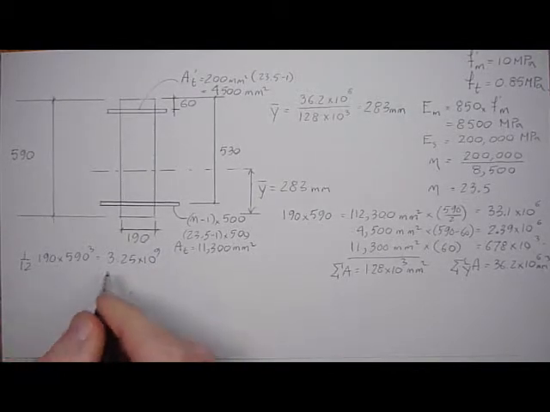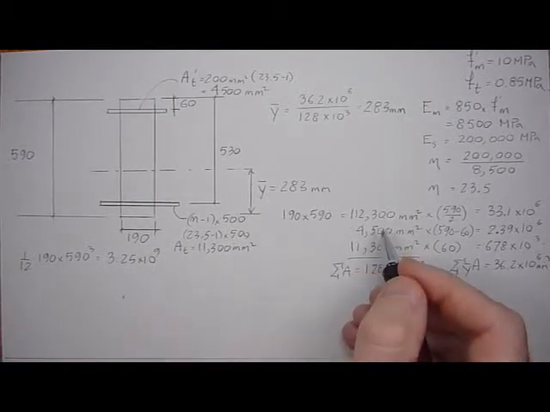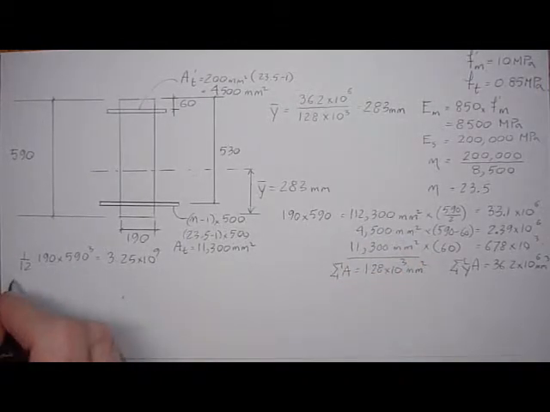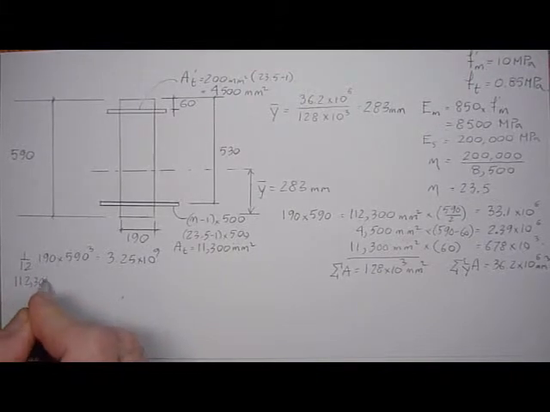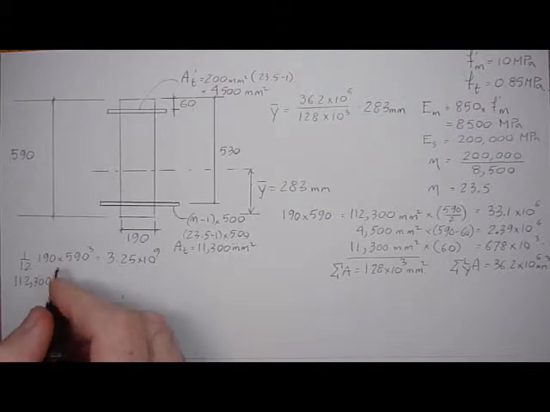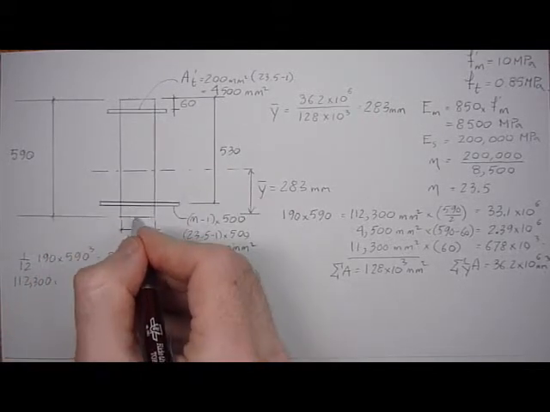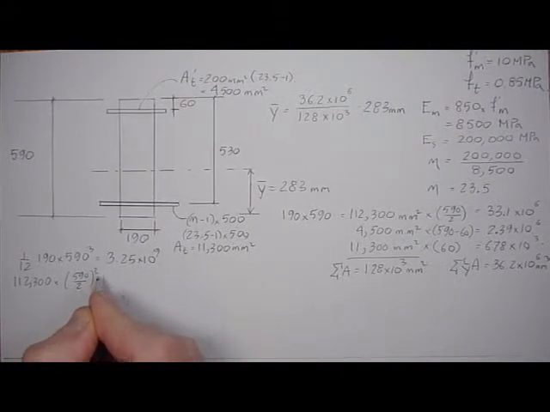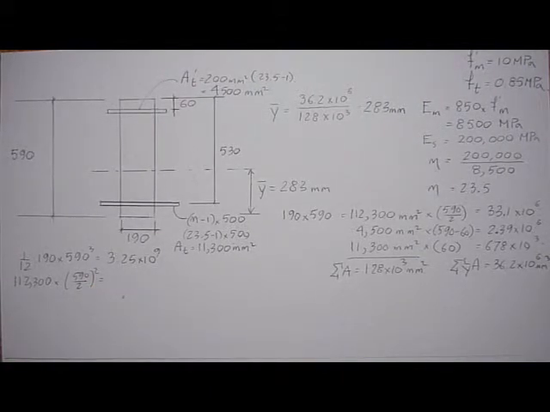And then the Ad squared would be, the area of the section is 112,300, and its d squared would be half of 590, right? The distance from the centroid to the base, squared. So that's 112,300 times 590 times a half squared, 9.77 e to the 9th.